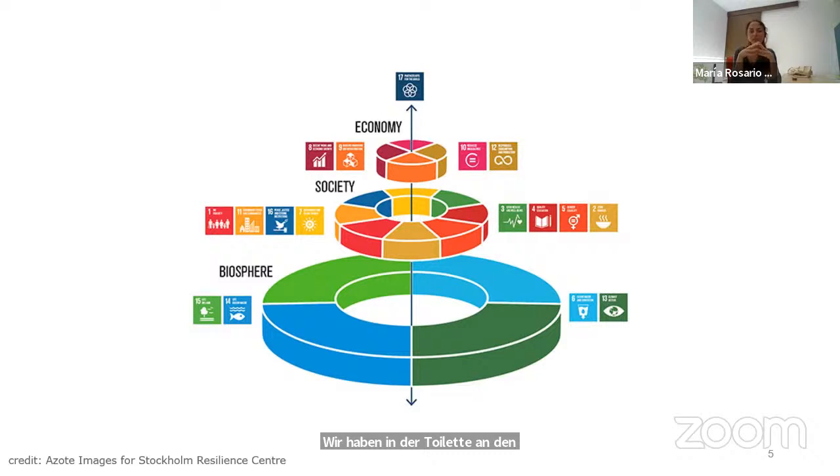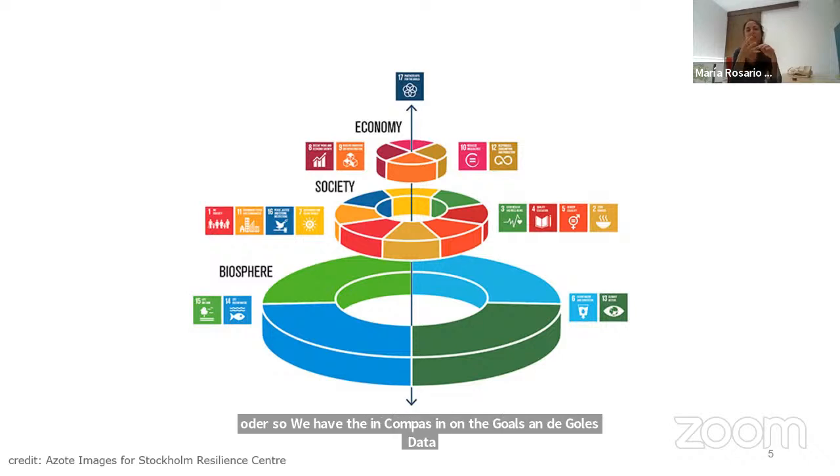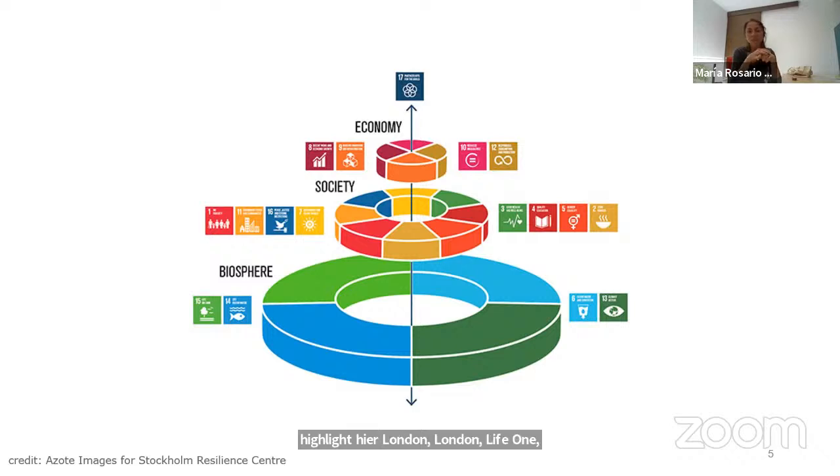They identify which goals are most related to each of these spheres and how one encompasses the other. So we have the biosphere encompassing all the other goals, and the goals highlighted here are life on land and below water, but also clean water and sanitation and climate action.